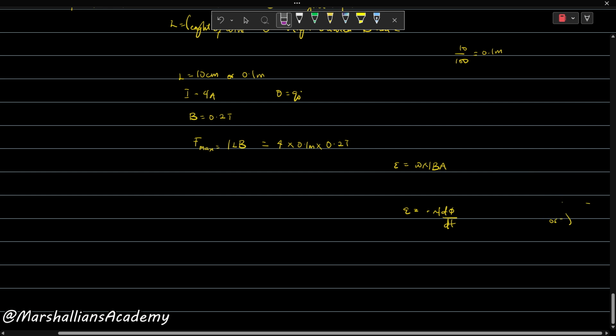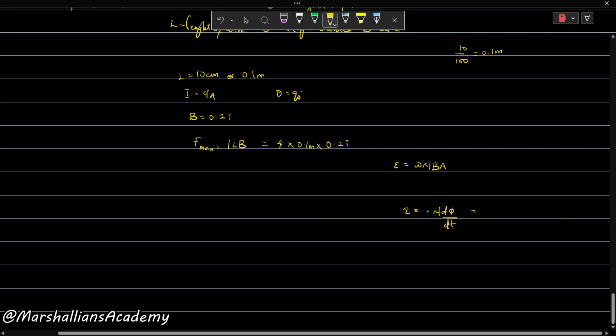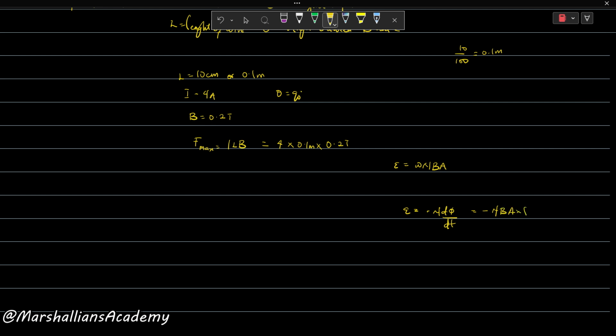Okay, let me make it easy for you. I could say this is the same thing as saying negative N times BA times change in cos theta over change in time. You don't have to cram this, but this is just how they got this formula.